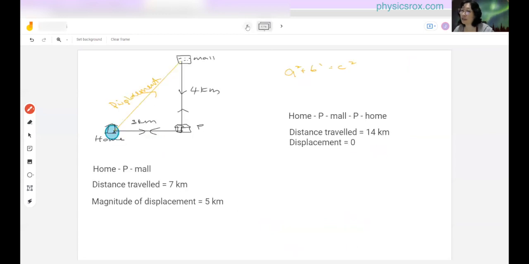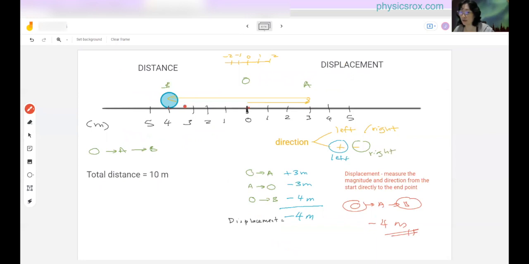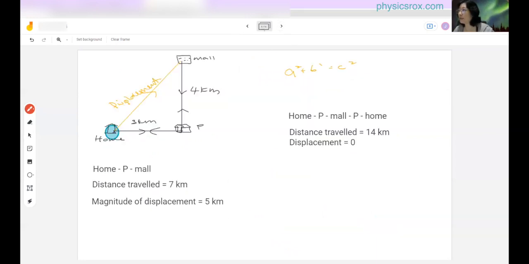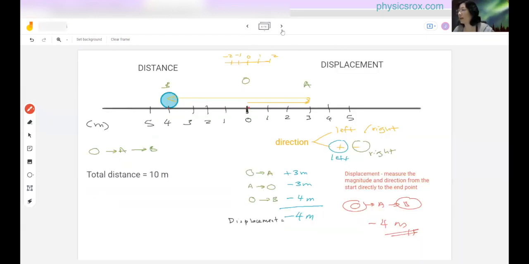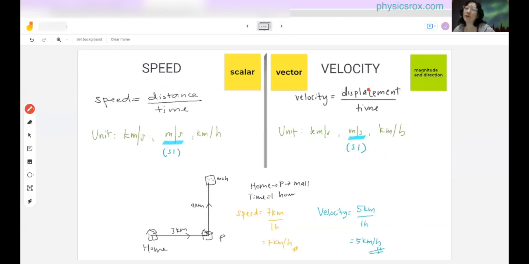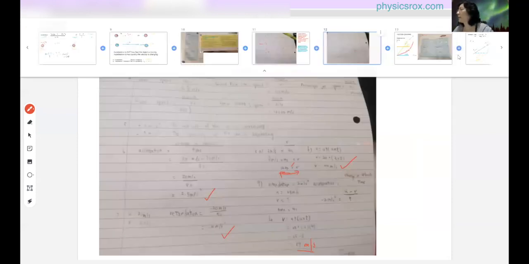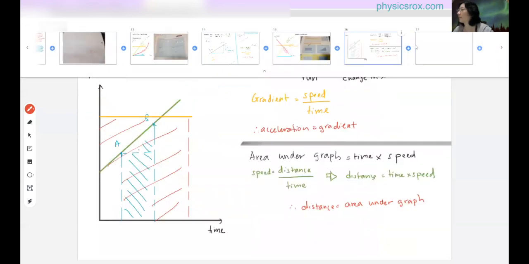So you also need to learn the displacement-time and velocity-time graphs. But it's not difficult. Once you know the distance-time graph and speed-time graph, displacement-time and velocity-time are exactly the same. It's very, very easy.